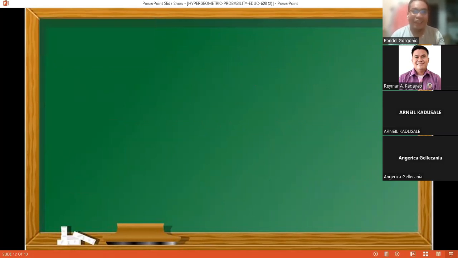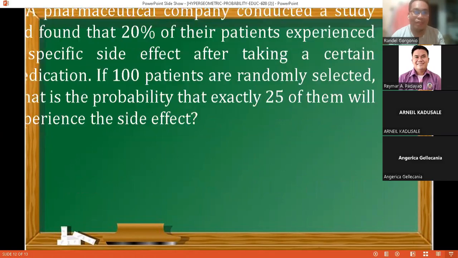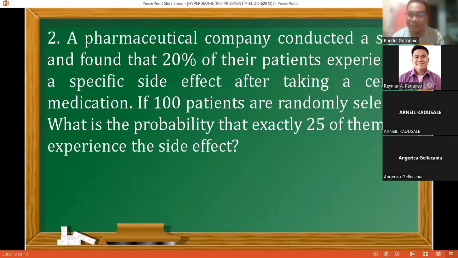Then you have exercise number 2. A pharmaceutical company conducted a study and found that 20% of the patients experience a specific side effect after taking a certain medication.